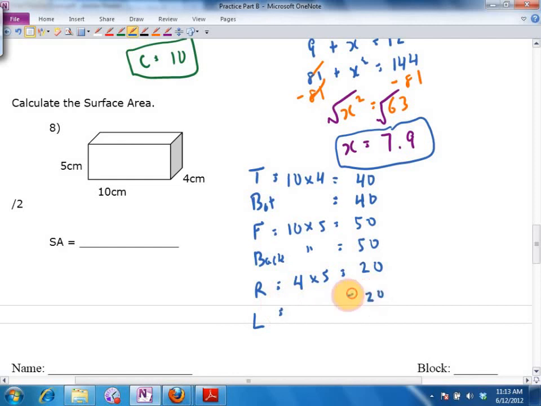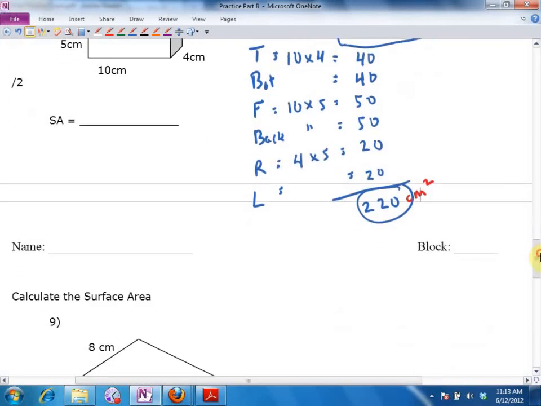It's the same thing on the other end. Add them up. Okay. What's the units, by the way? Centimeters squared. Right? Okay, so just normally put it in the box there.